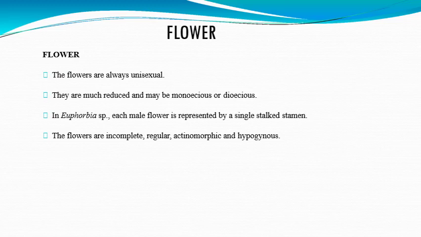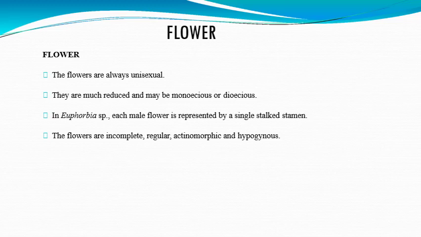So the gynoecium is superior, but all other parts are inferior. Simply, we can say that the calyx, corolla and androecium arise from below the ovary. Due to this, the ovary becomes superior. Such a position, we call such flowers hypogynous flowers.